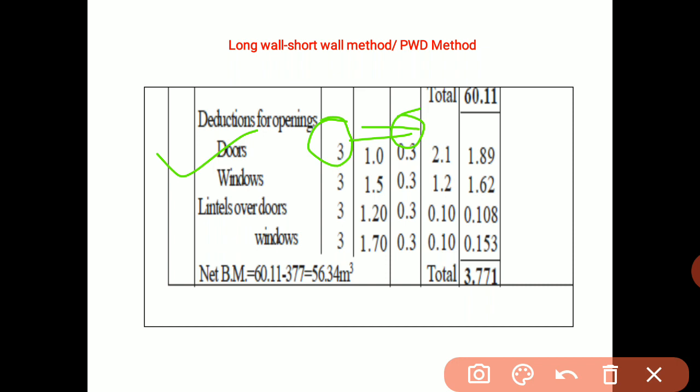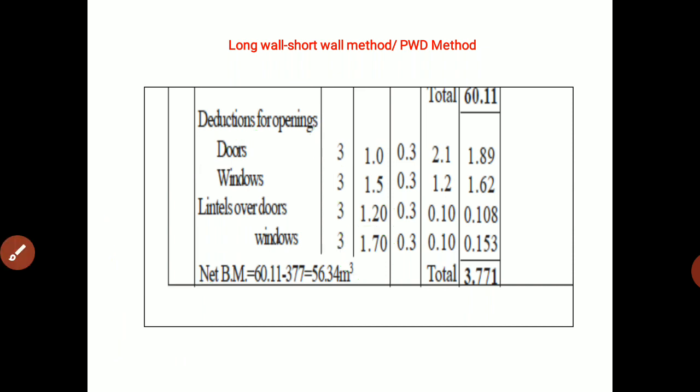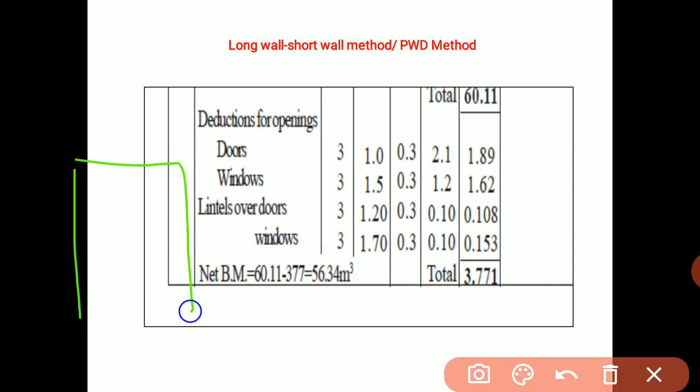Now here, what is the width of these lintels over doors and windows? For lintel work, imagine this is a door, and we have a lintel over the door like this.